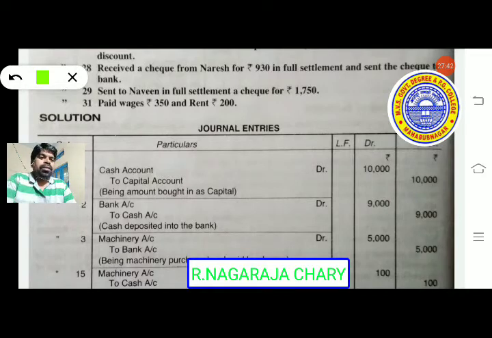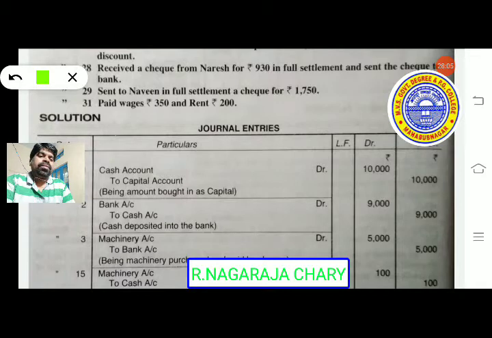We are depositing, which means we are paying cash to whom? To the bank. So, the bank is the receiver. Debit the receiver, credit the giver. So, the bank is to be debited, since banker comes under personal accounts.